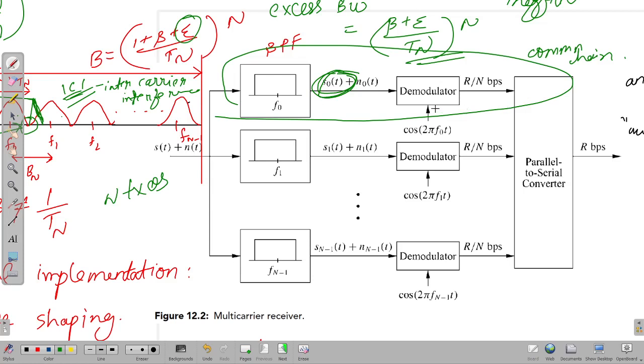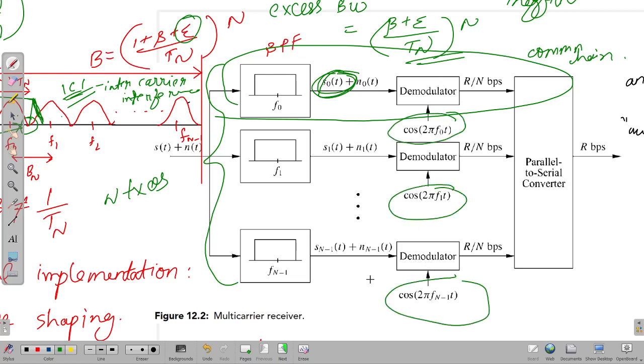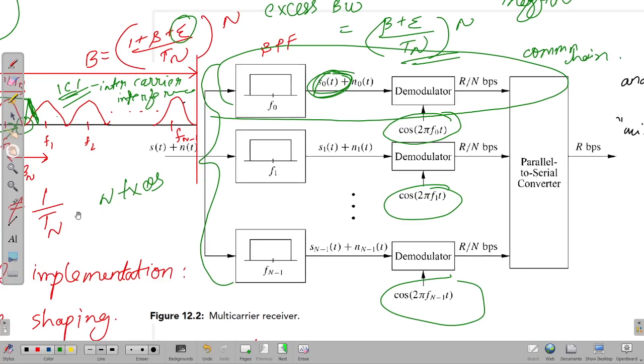You should have N band pass filters centered at N different center frequencies. You need N different demodulators. On the transmitter side, you need N different modulators and N different carriers. There should be oscillators which generate these carriers, and a lot of devices are required for this type of transmission. So that is the third point I want to make.